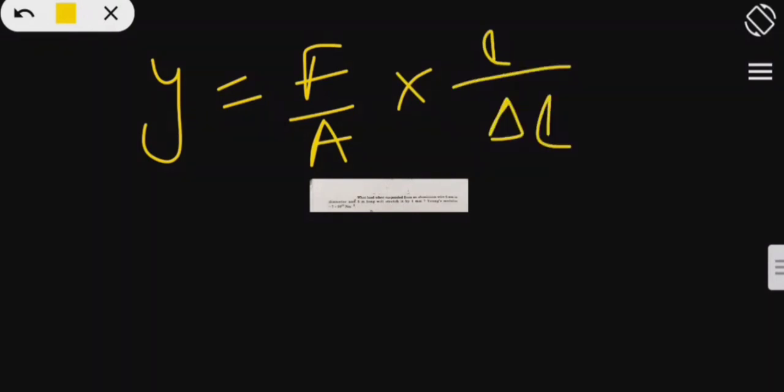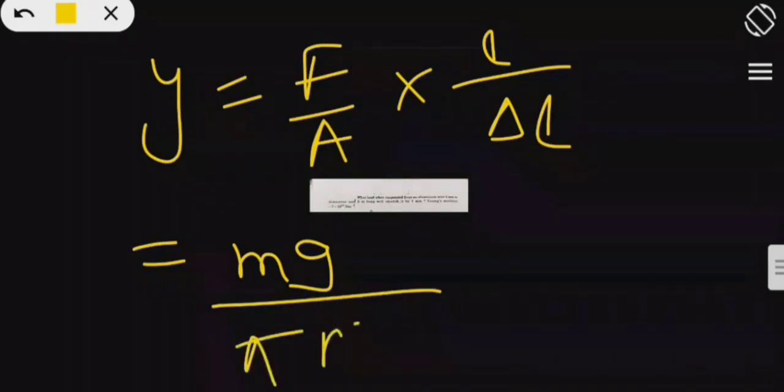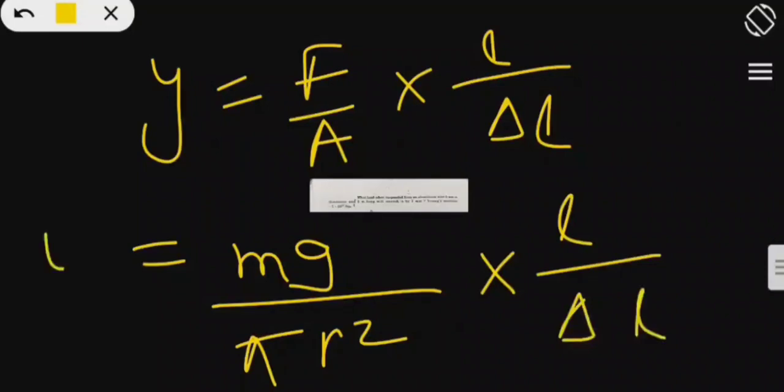Okay, now let me write down the formula. Y is equal to Young's modulus formula, F by A into L by delta L. Here F I can write as mg, divided by area as pi r square, into L by delta L. This is equal to Y. And what I need is this mass m.